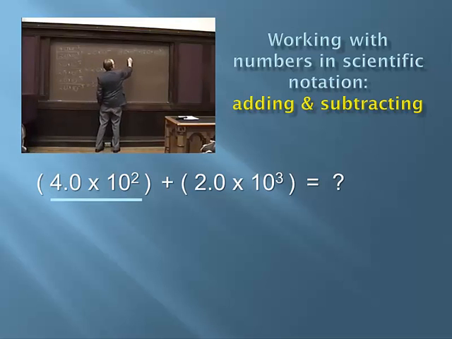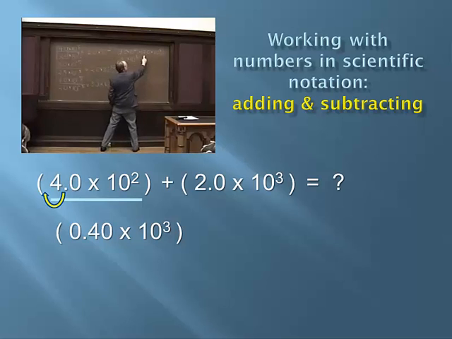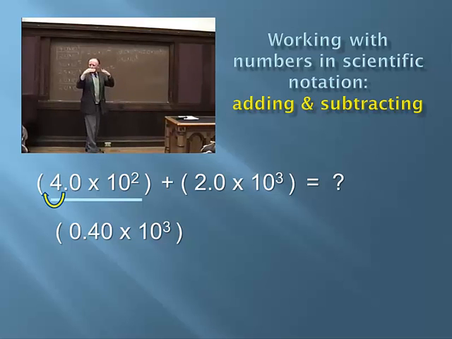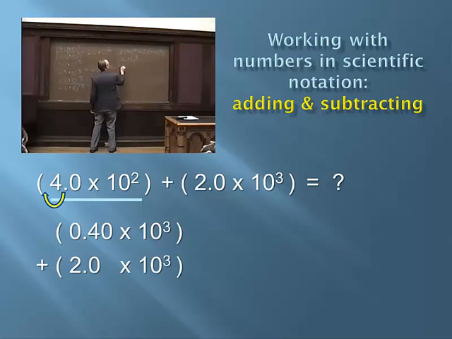If I want this to be not times 10 squared, but times 10 cubed, I'm going to have to move this over, right? So that's the same as 0.40 times 10 cubed plus 2.0 times 10 cubed. And I would add them the same way I would add any numbers. I'm going to put them in a column here.